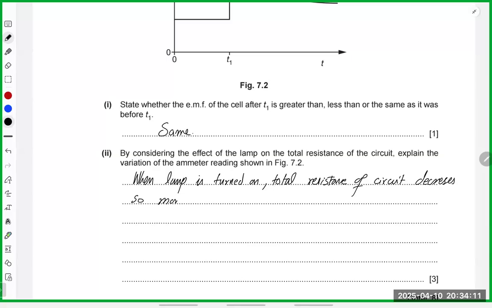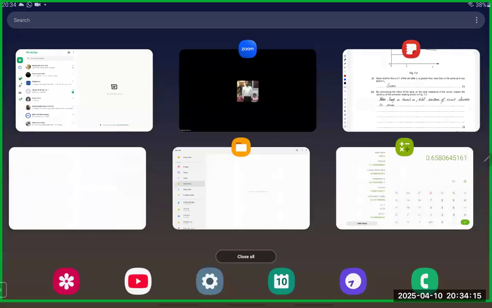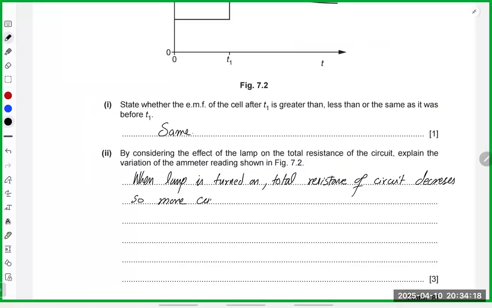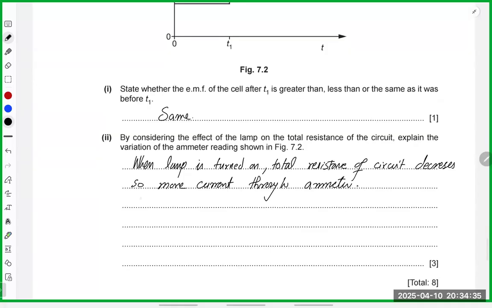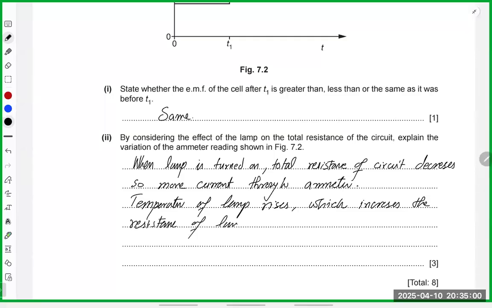So more current through the ammeter. The temperature of the lamp rises, which increases the resistance of the lamp.